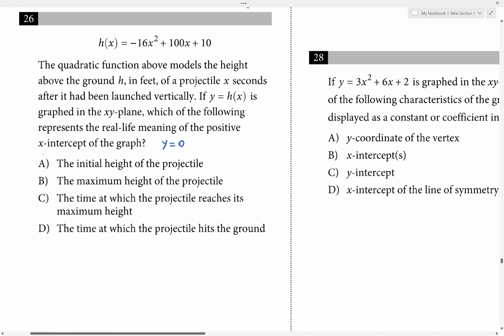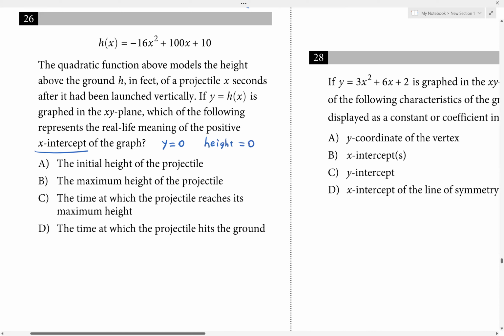So for the x-intercept, the y value has to equal 0. And in this model, the y value is h of x, which represents the height of the projectile. So if it's at the x-intercept and the y value is 0, that means the height has to be 0.